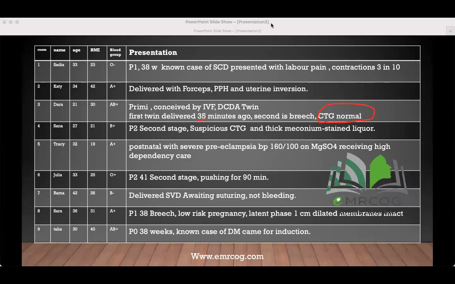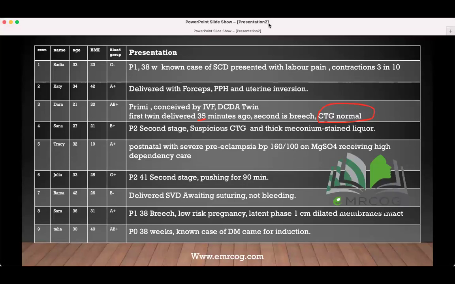Who's going to help you in this case? Examiner, who can help you in that case? Midwife, consultant, and also senior consultant. So in this case, at the moment, first you will give advice that of course she will need to be attended by the experienced midwife in the unit.